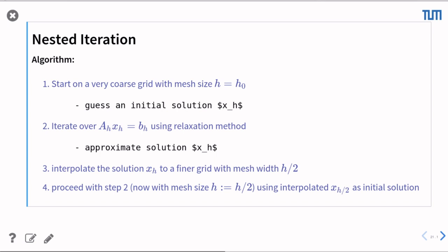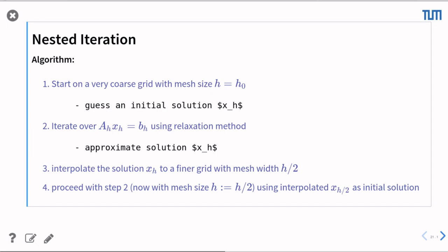Then we iterate to solve this using some smoother, giving us an approximate solution on this very coarse grid. Now we interpolate the solution to a finer grid with a mesh size of H half, so we just double the number of mesh points roughly. And then we proceed to step 2 again, only now we use the solution that we got from the coarser grid as our starting point for our relaxation method.